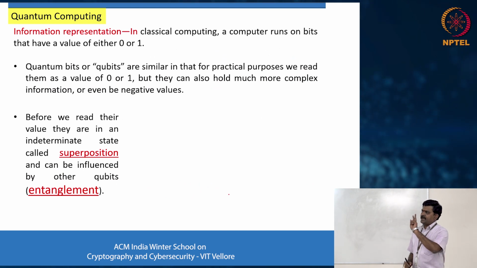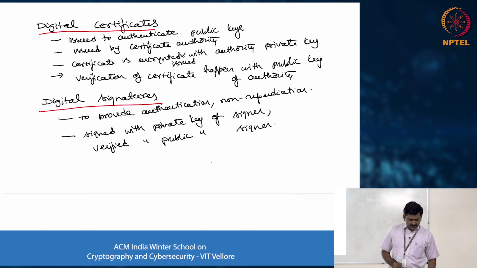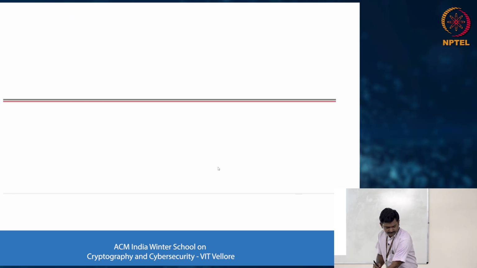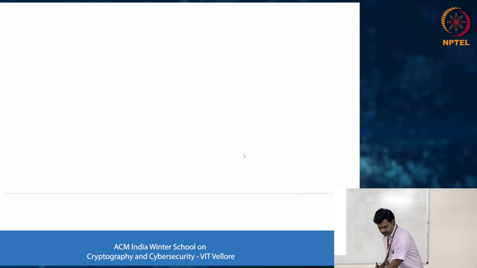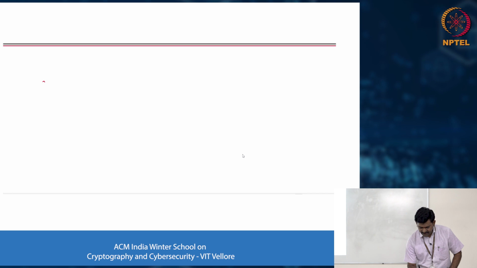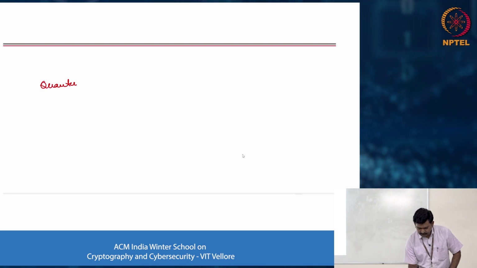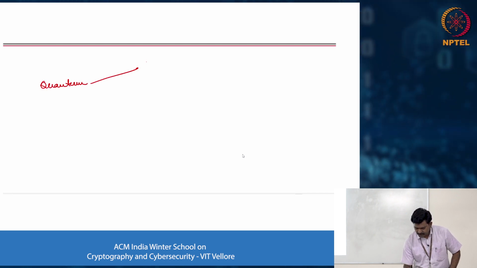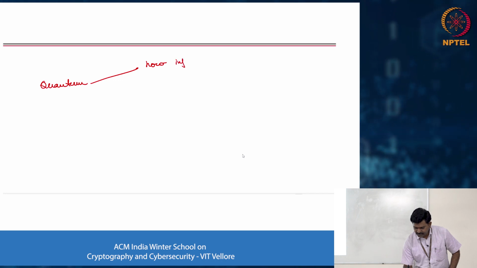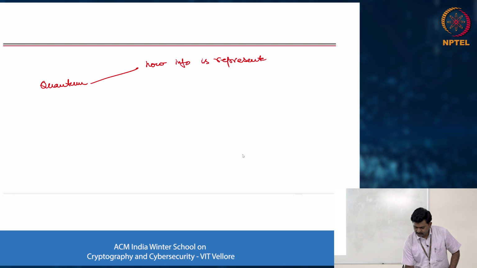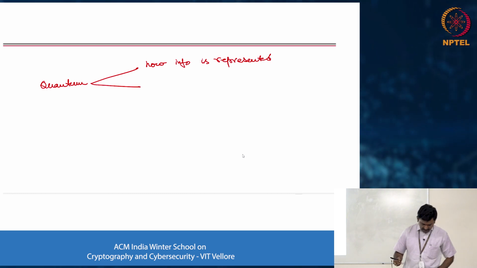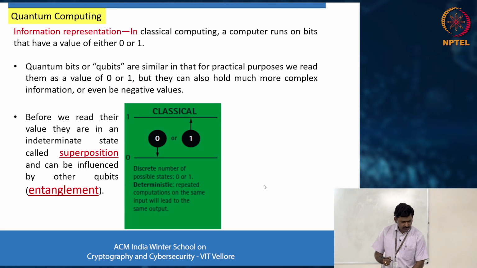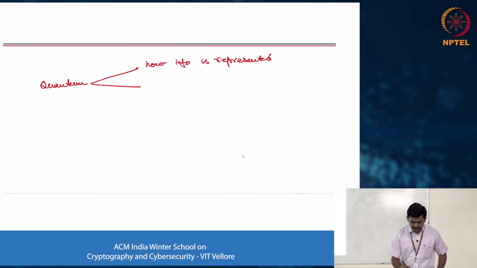We will understand the quantum computer in three ways. Number one, how information is represented. Number two, how information is processed.